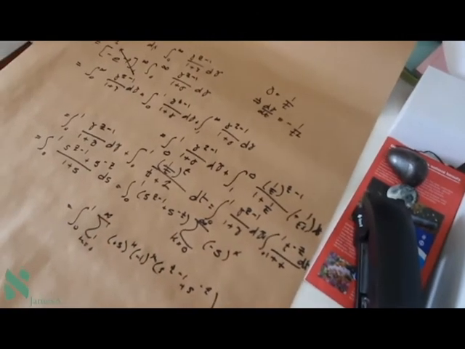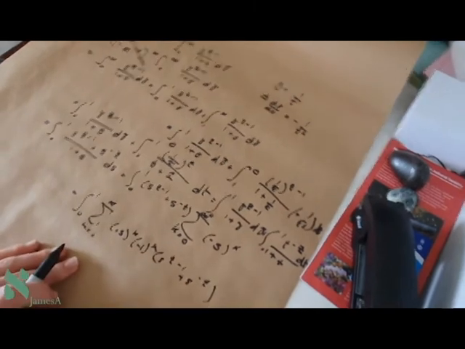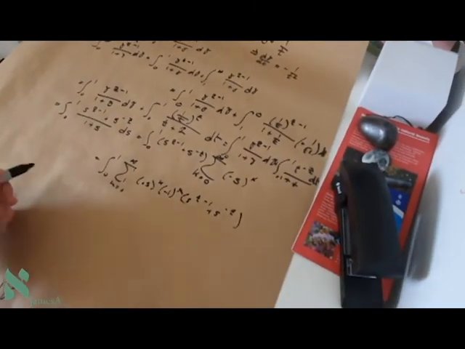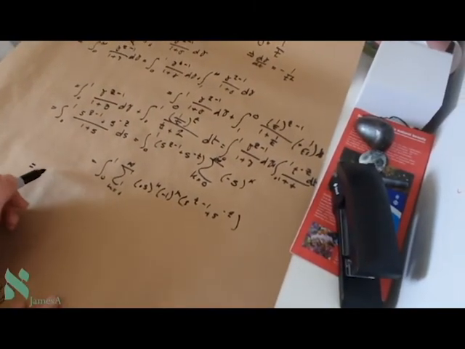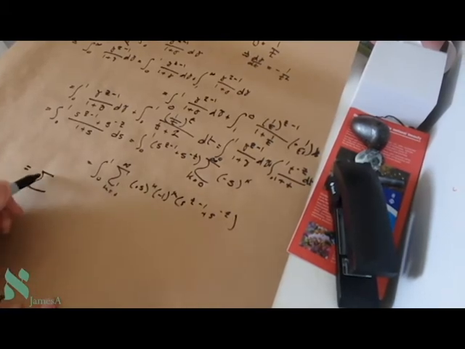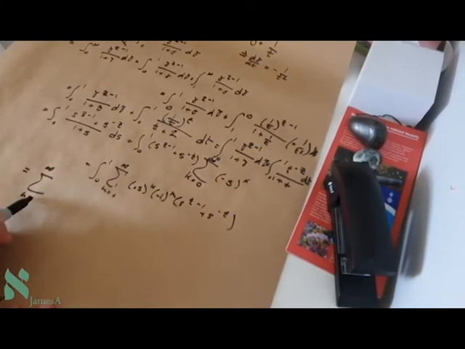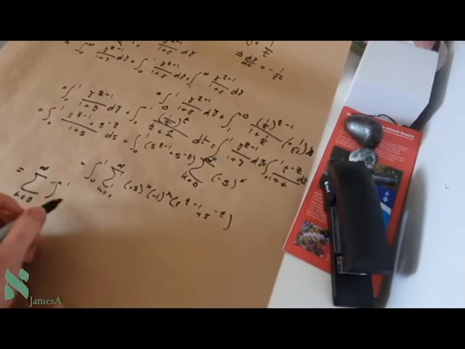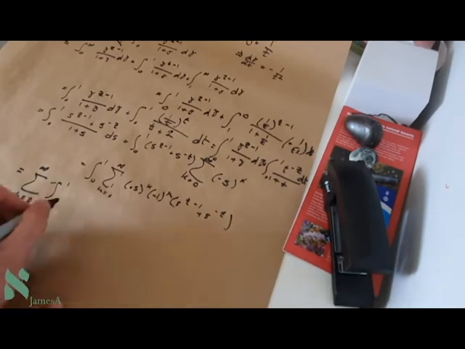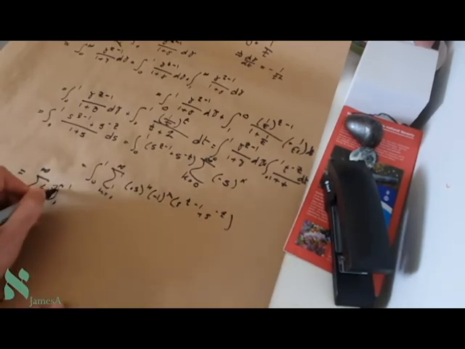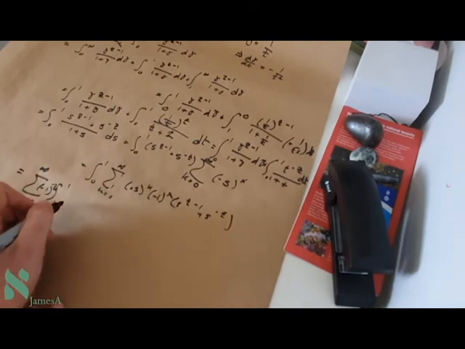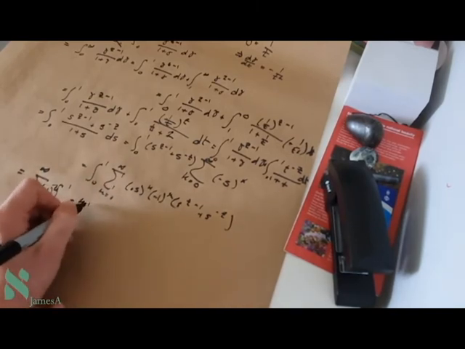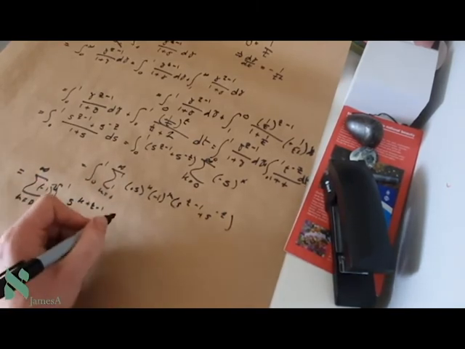Then you can take that and you can swap by Fubini's theorem the summation sign and the integral. So that's the summation from k equals 0 to infinity of the integral of, I'll put negative 1 to the k out here, of s to the k plus z minus 1.